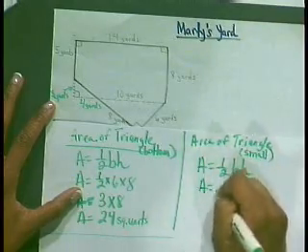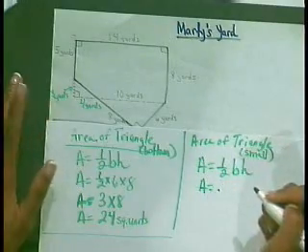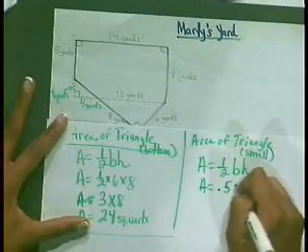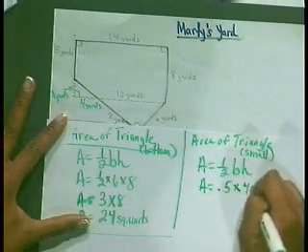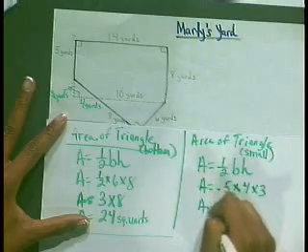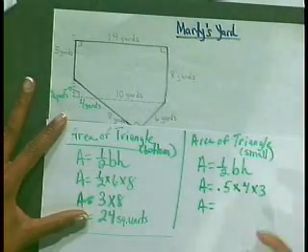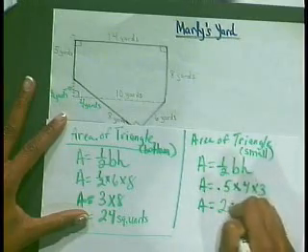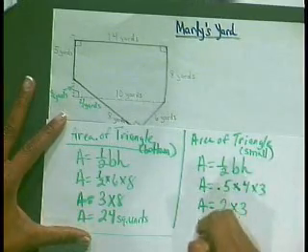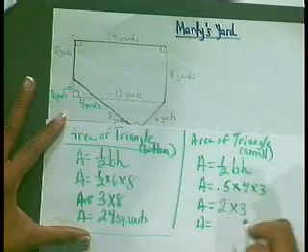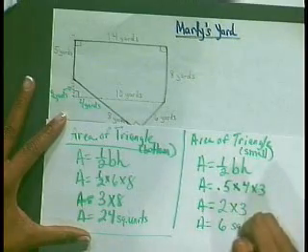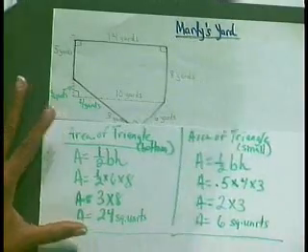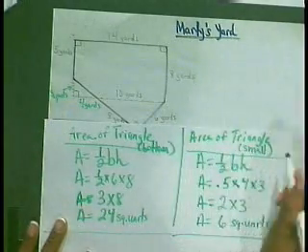Area will be equal to 0.5 times 4 times 3. Half of 4 is 2, so area is equal to 2 times 3, which is 6 square units. That's the area of the smaller triangle.